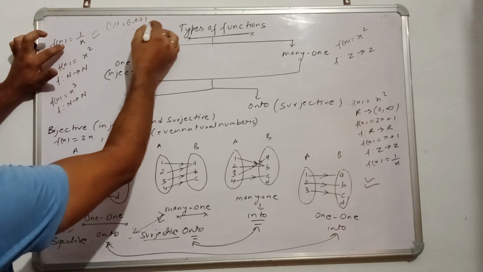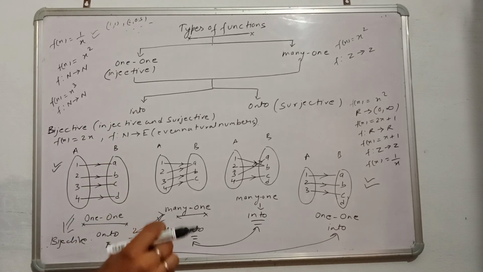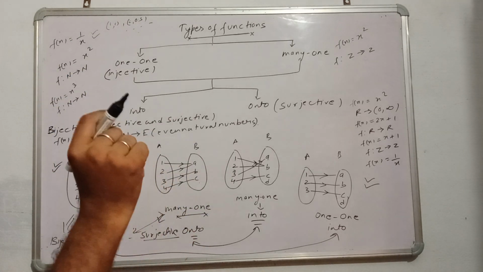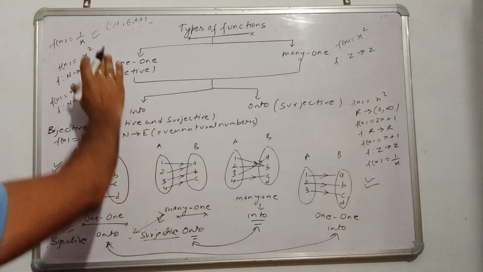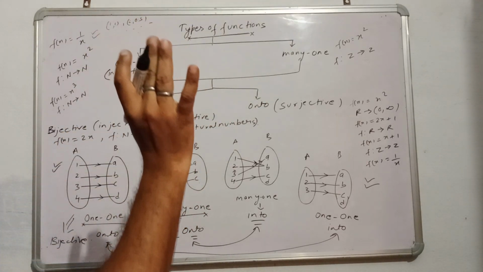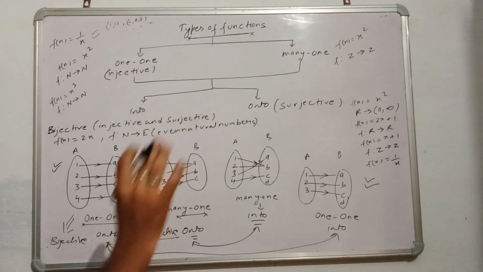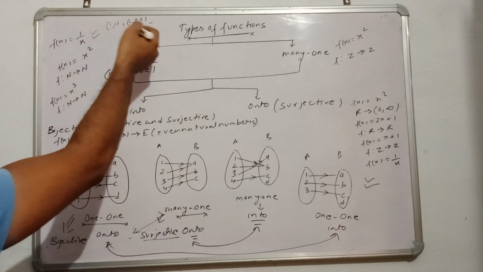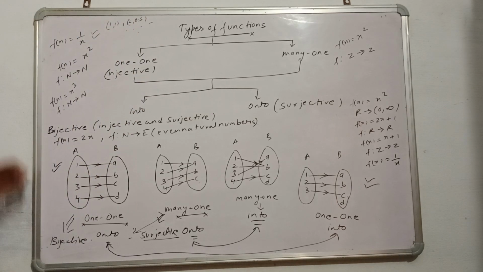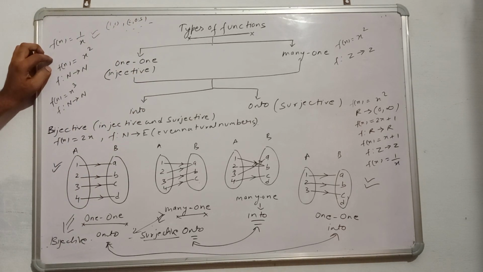In this way you will see every element has a unique image. No common element will be there, so it will not show like many-one. That is why 1/x is called a one-one function or injective function.